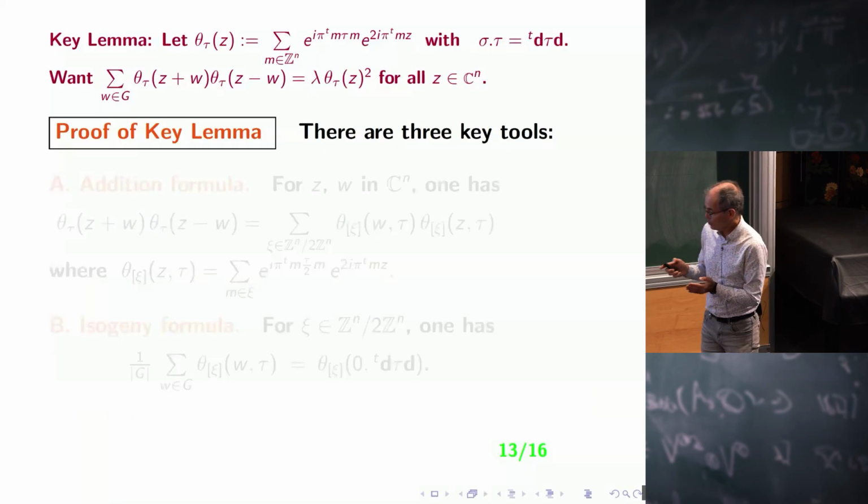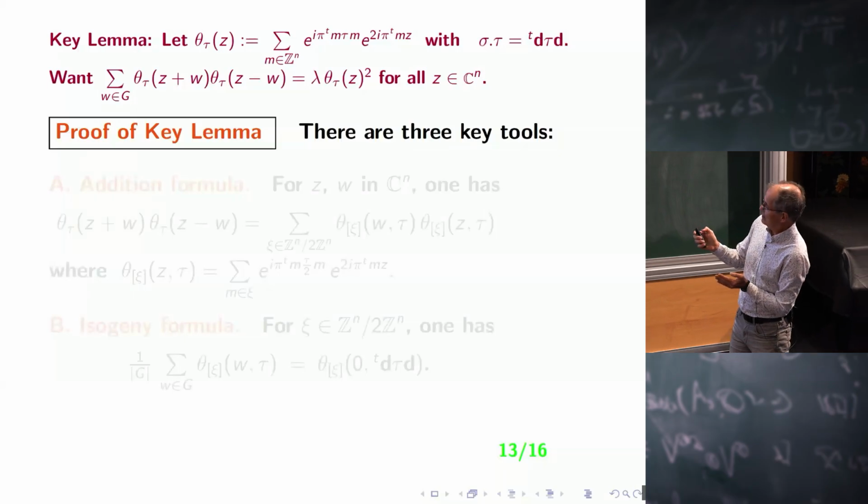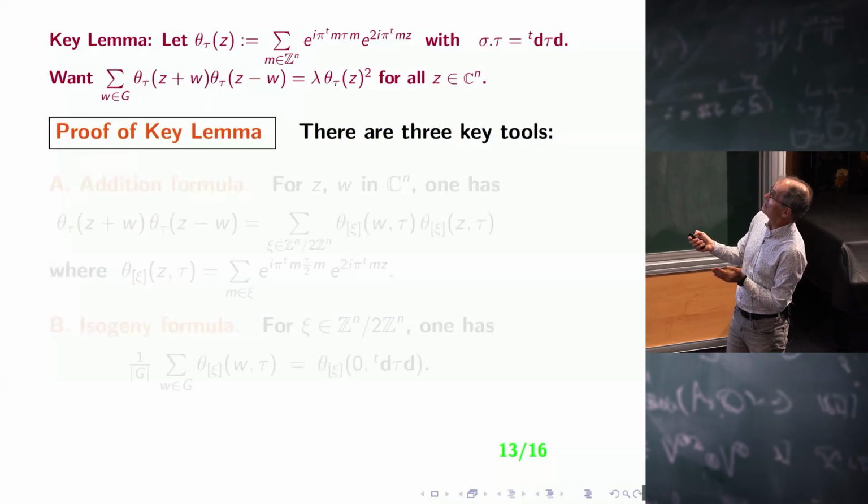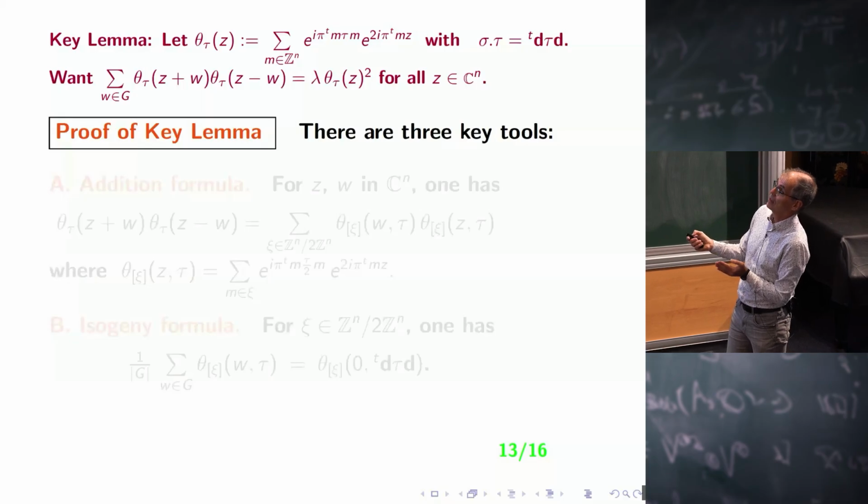What I want to prove is that this theta function is critical here, and critical means exactly this condition. So first I want a formula for theta tau z plus w, theta tau z minus w.